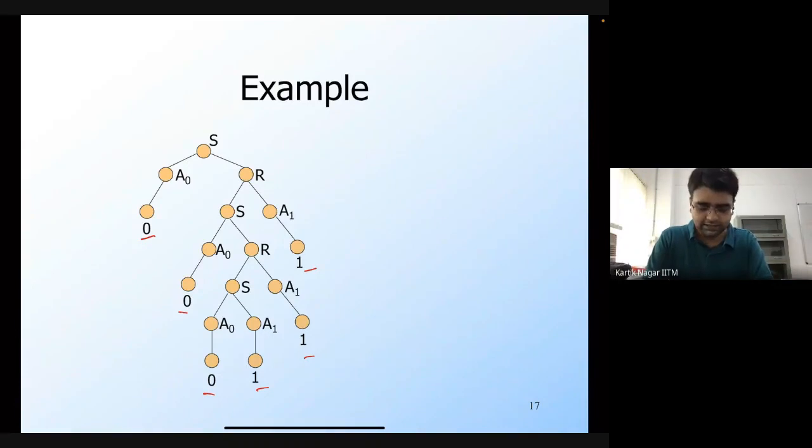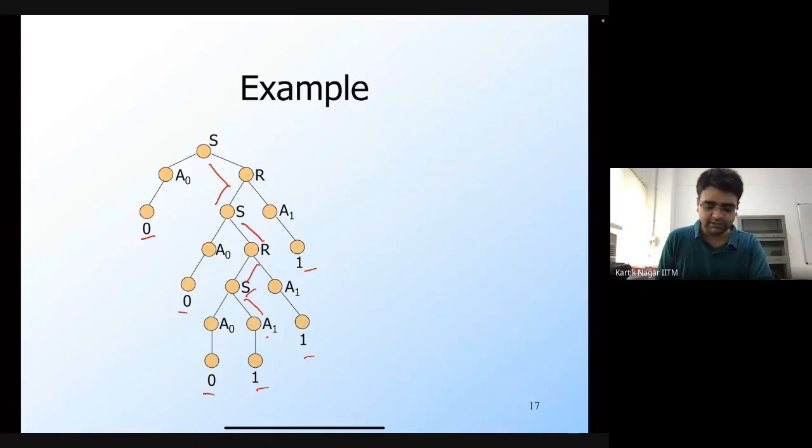Now, if I consider a path, say I can consider any path, but if you consider this path, then you can see that S is repeated multiple times on this path.